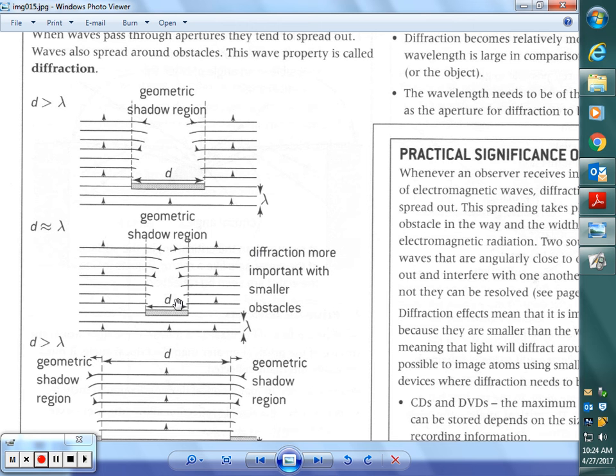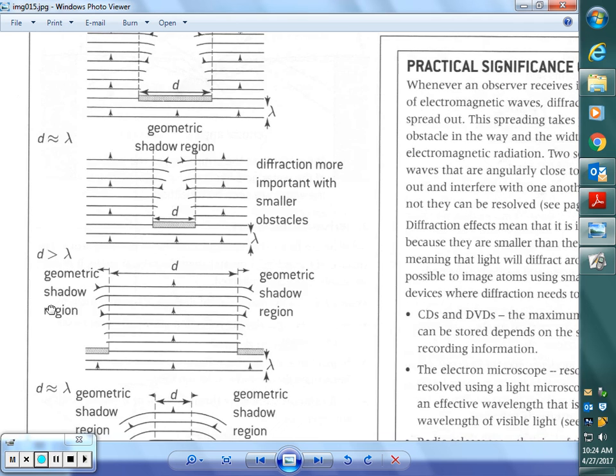Depending on the size of the wavelength, we can get a small amount of bending or a much tighter amount of bending. Does that make sense?